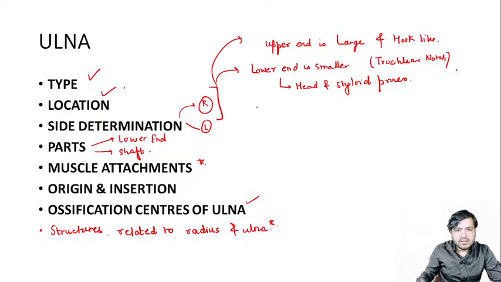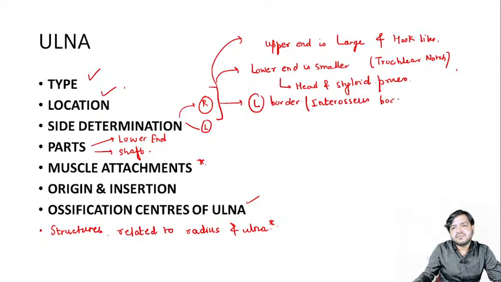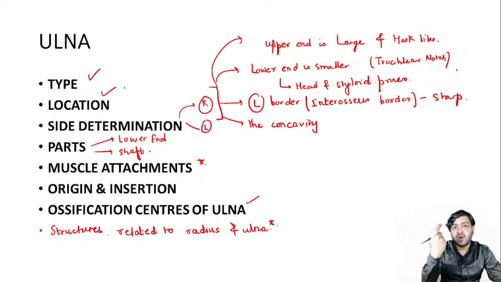Okay. The lateral border, or simply the interosseous border, it is sharp, and the concavity of the trochlear notch, जो hook shape structure है वो आगे की तरफ है.